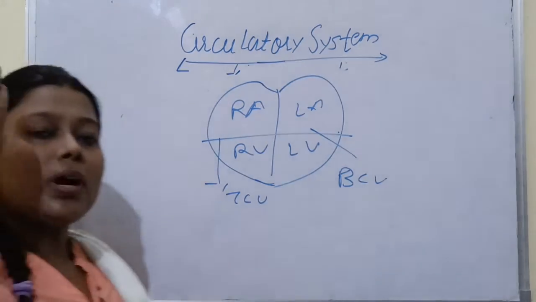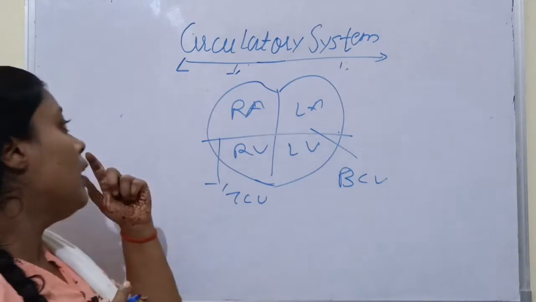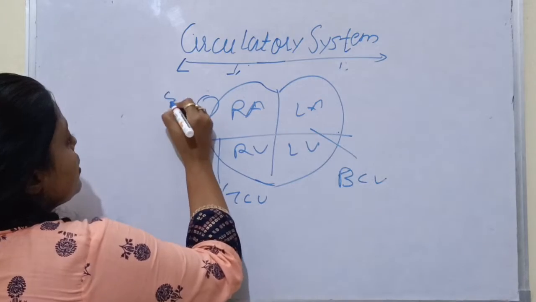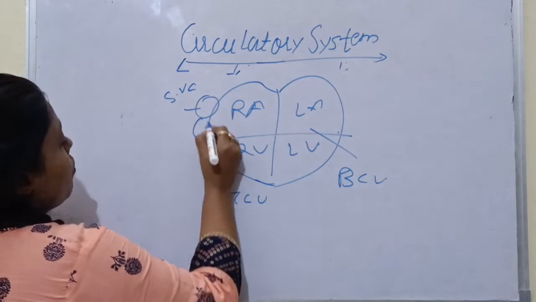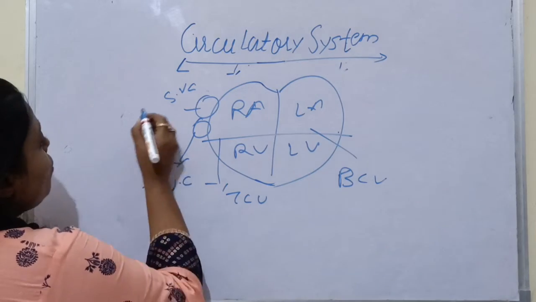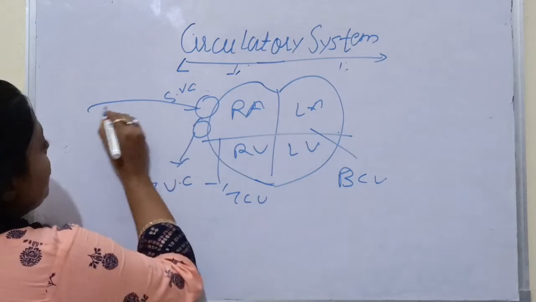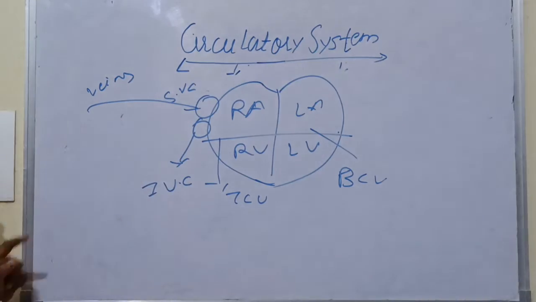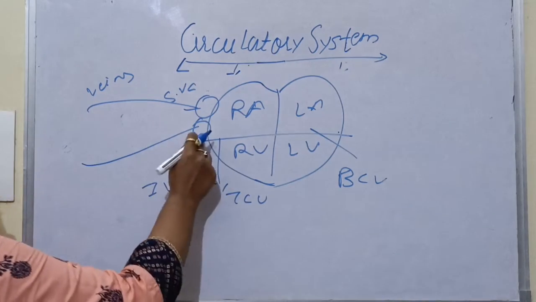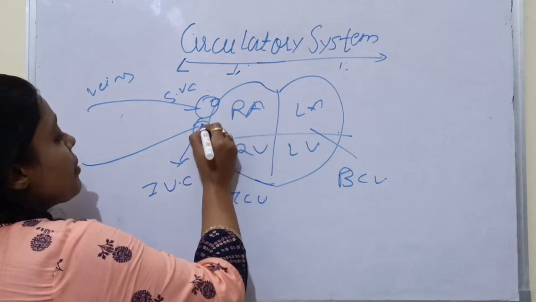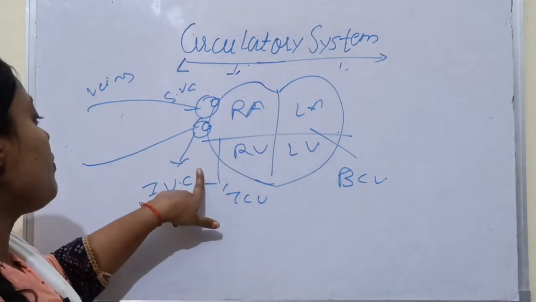From the upper part of our body, blood goes to the superior vena cava, and from the lower part of our body, blood reaches the inferior vena cava through veins. Now there are two valves present in the superior and inferior vena cava.